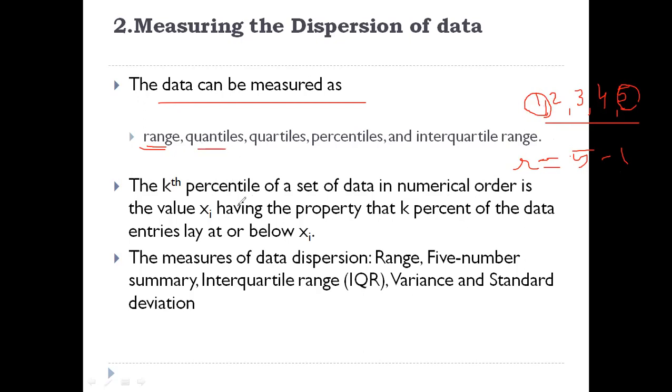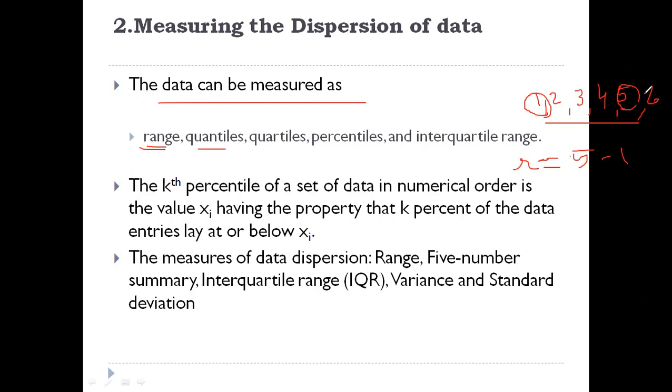And coming to the next one, quantile. Quantiles are equal sized consecutive sets, which means, for example, here I have one more value, 6. Assume this is my data set, 1 to 6 numbers are there.